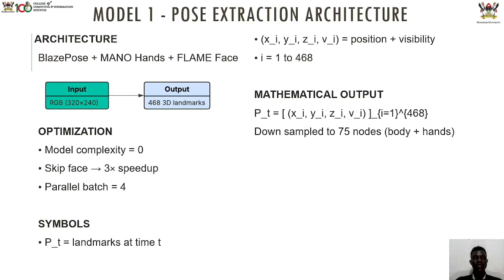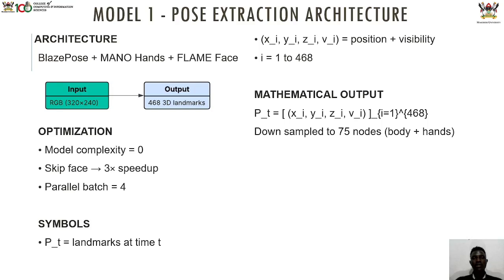And then we optimized our first model, model 1, with the symbols. The P_t is the landmarks detected at a time, with position plus visibility, as you can see, x_i, y_i, and z_i, because every single point marked on the body is supposed to have 3 numbers on it. That's the X-axis, Y-axis, and Z-axis in 3D space.